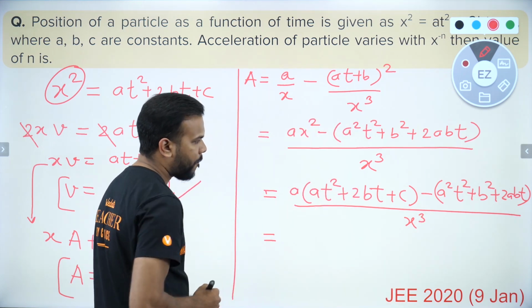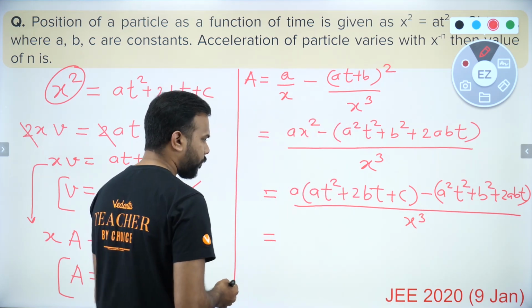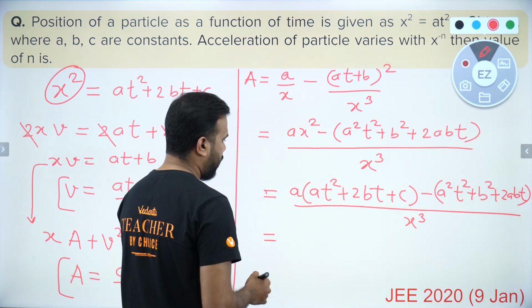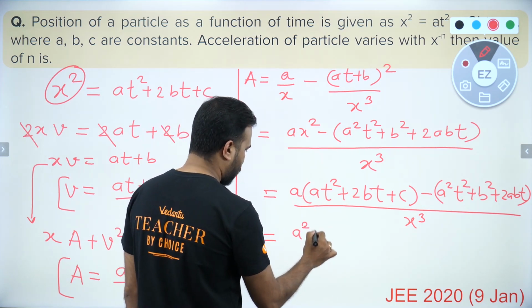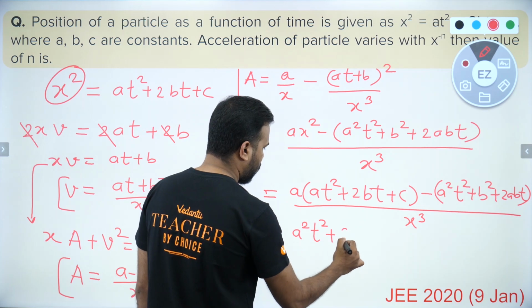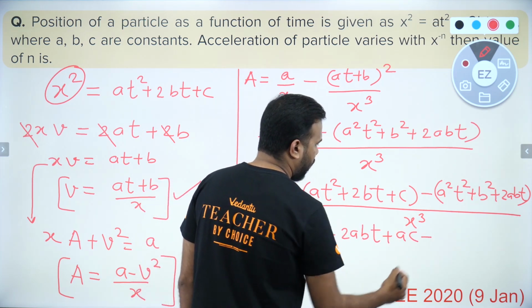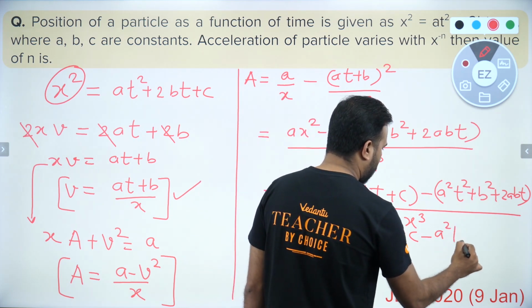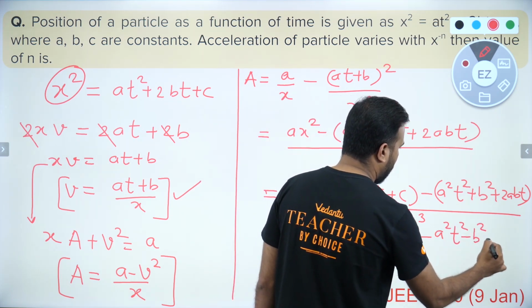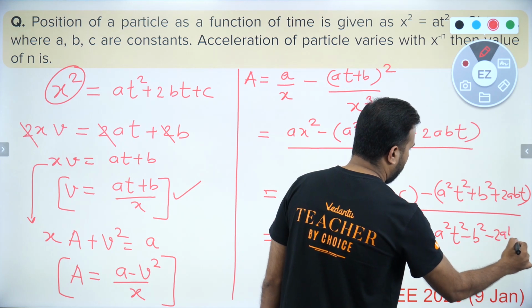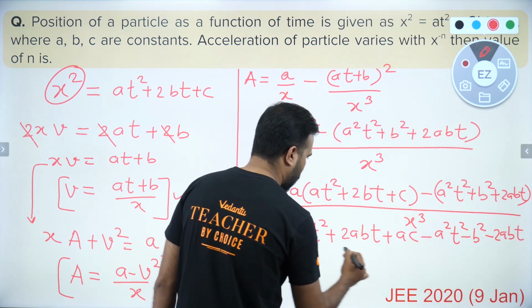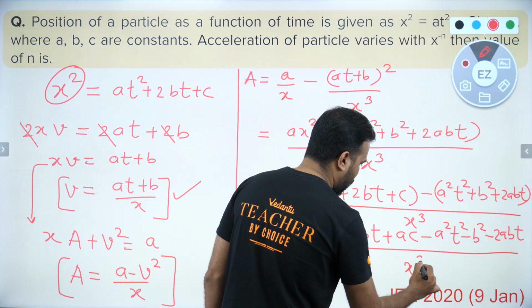Now see guys, multiplying, I have a square t square plus 2abt plus ac minus a square t square minus b square minus 2abt, divided by x cube.